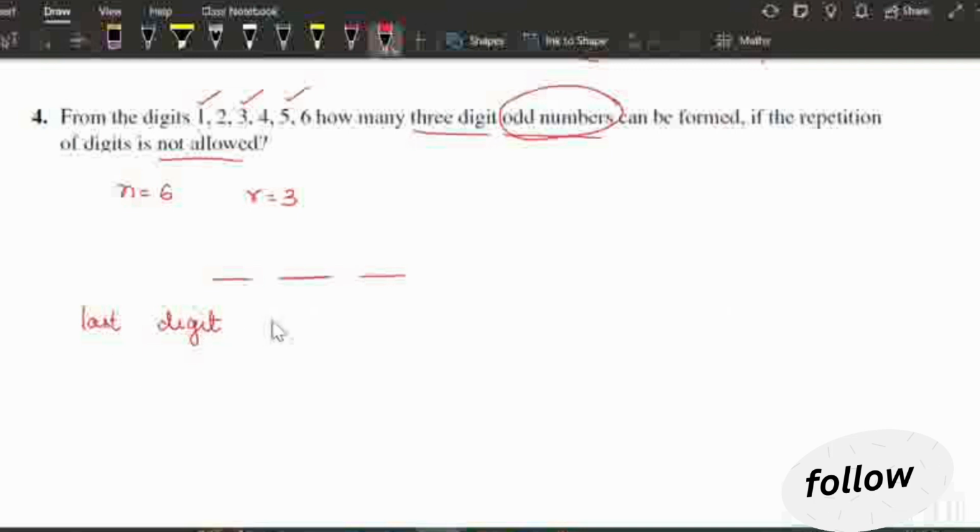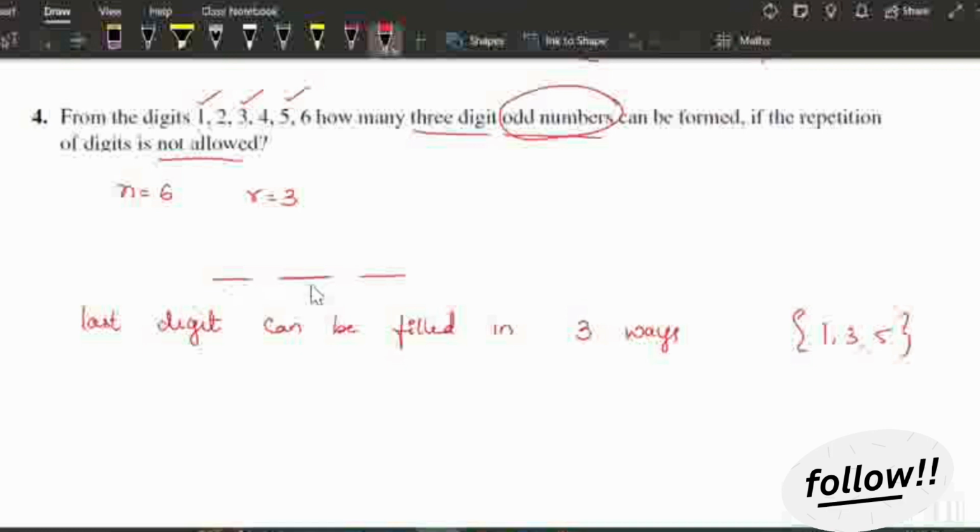So the last digit can be filled in 3 ways, because we have 3 numbers, right? 1, 3, and 5. One of these digits should be taken here. Therefore, there are 3 ways to fill the last position.